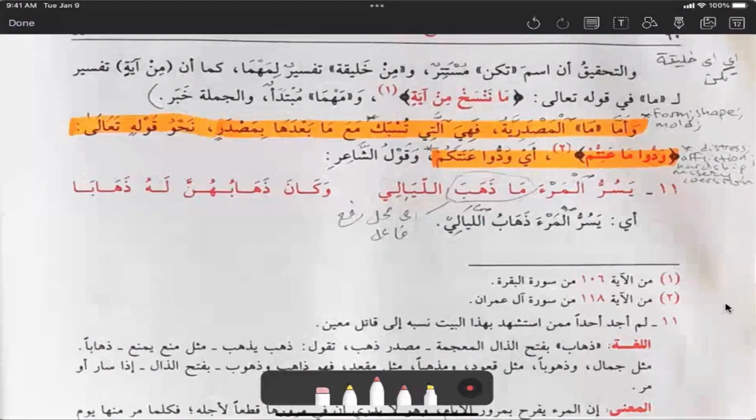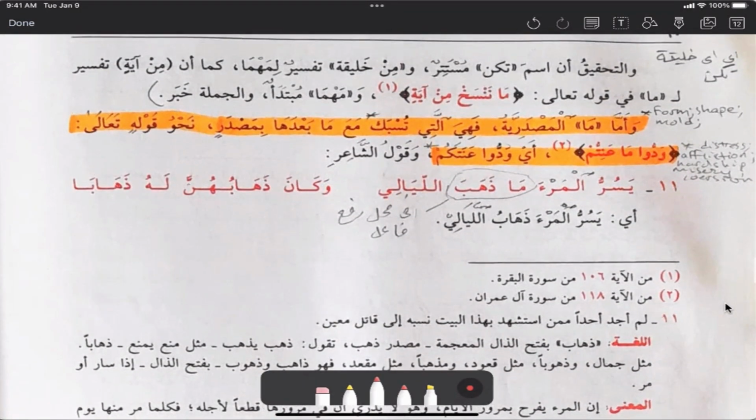So what's Ibn Hisham saying here? He says, وَأَمَّا مَا الْمَصْدَرِيَّةِ. Now concerning ma, that's the masdari ma, and there are many ma's in Arabic. فَهِيَ الَّتِي تُسْبَكُ مَعَ مَا بَعْدَهَا بِمَصْدَرٍ. That's the one that transforms with the verb after it into a masdar, a source, or a gerund if you want.